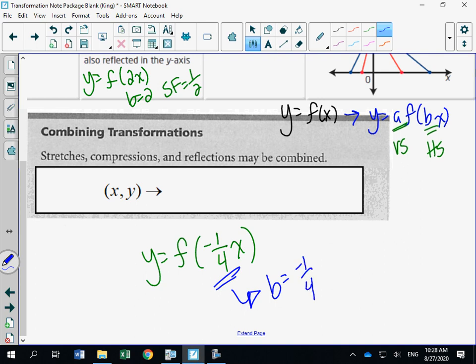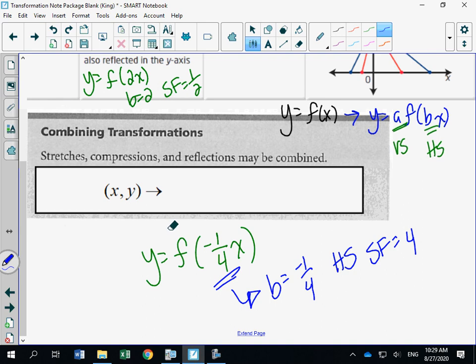The b value and the a value could be negative. Then you say that's a horizontal stretch. You tell me what the stretch factor is. The stretch factor is always the reciprocal of the b value, and we never say negative stretch factor. So the stretch factor is 4.